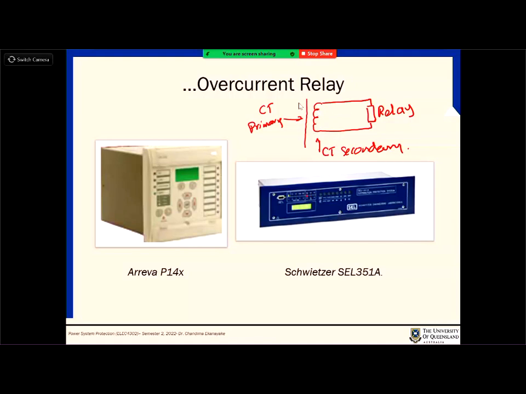But the CT is a normal transformer. CTs are designed in a way that the secondary has a large number of turns compared to the primary. That's how you drop the current magnitude. But now, on the primary side, there is no voltage transformation.